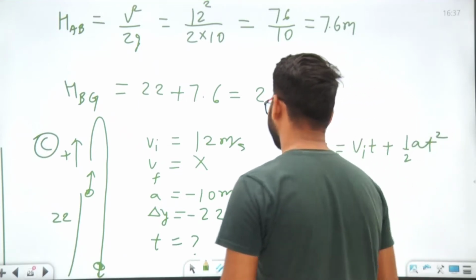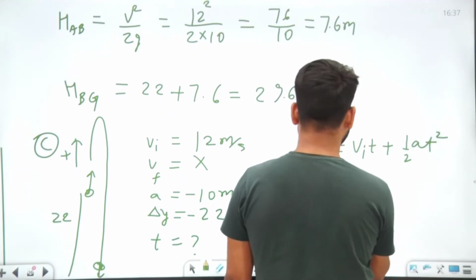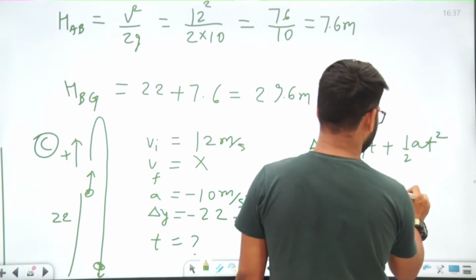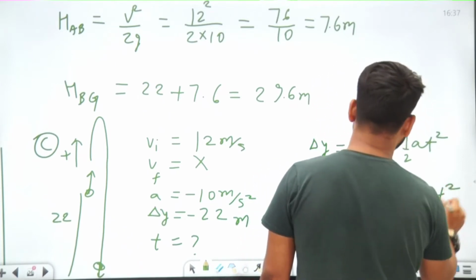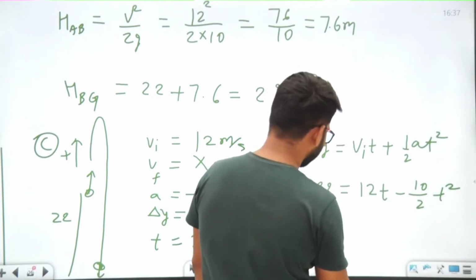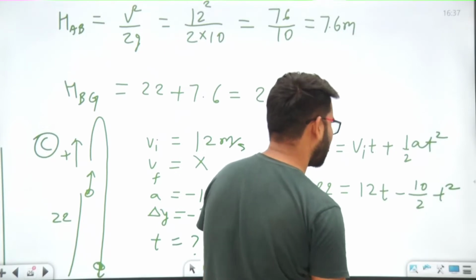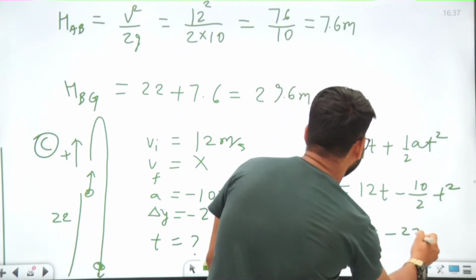Let's apply this equation. Minus 22 equals Vi, that is 12 into T, and minus 10 over 2 into T square. So we got 5T square minus 12T minus 22 equals 0.